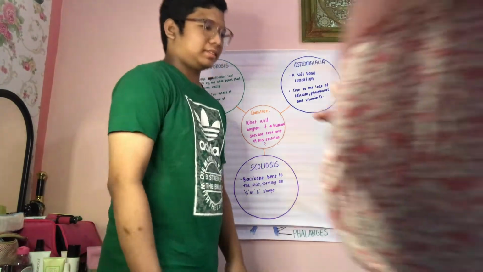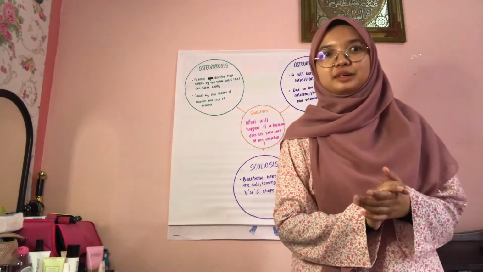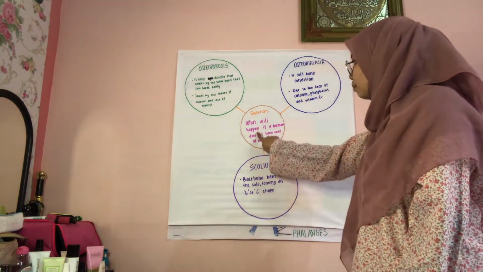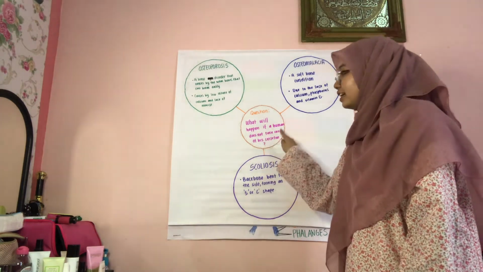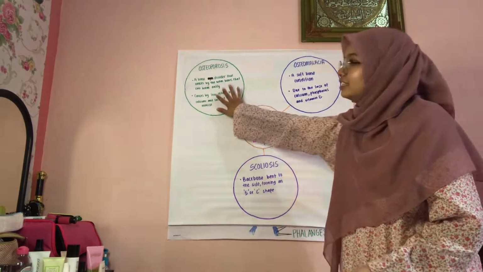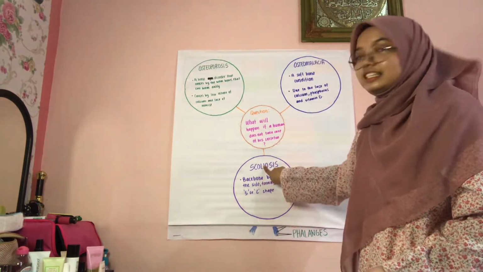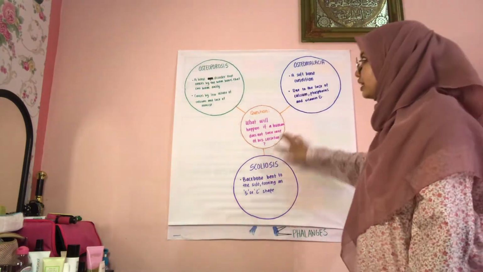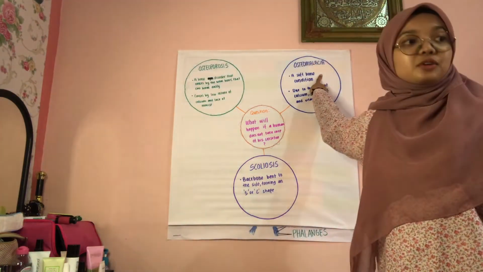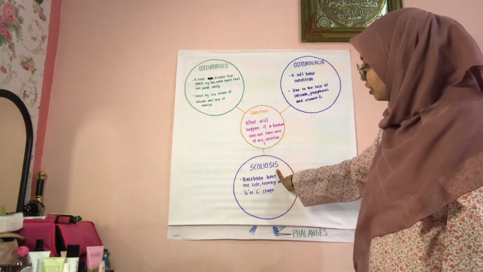Okay, that's correct. Okay, thank you for both of you. That is the correct answer. So I will repeat again. So the question here is, what will happen if a human does not take care of his skeleton? So the answer is these three conditions. The first one is osteoporosis, and the second one is osteomalacia and scoliosis.